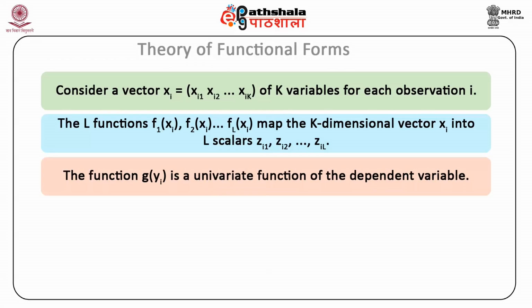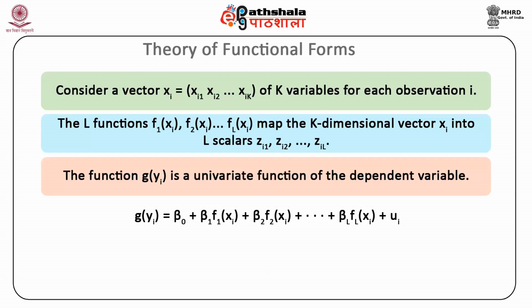The function g(yi) is a univariate function of the dependent variable. The nonlinear econometric model is g(yi) = beta 0 + beta 1 f1(xi) + beta 2 f2(xi) and so on up to beta L fL(xi) + ui.